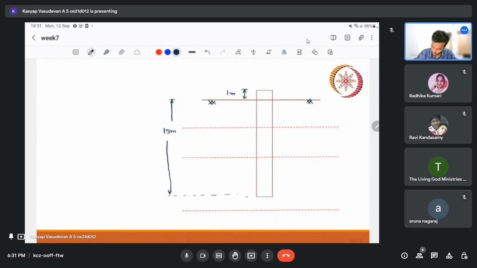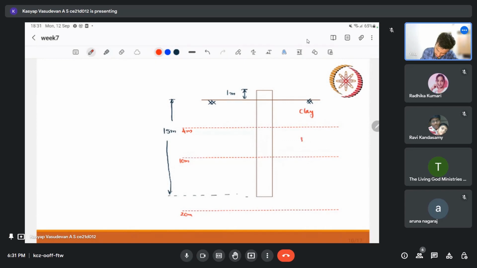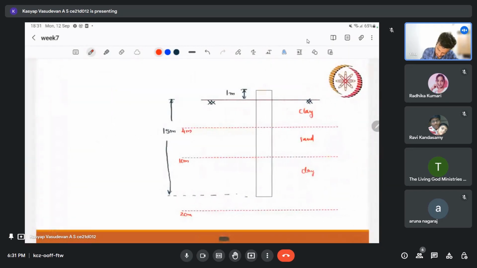The layer lengths are 4 meter, 10 meter and 20 meter, and we have clay, sand and clay: soft clay, dense sand and stiff clay.